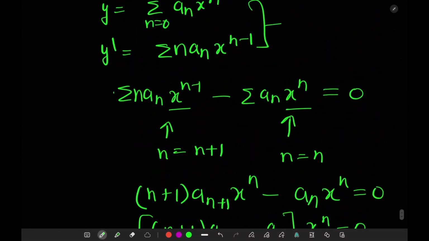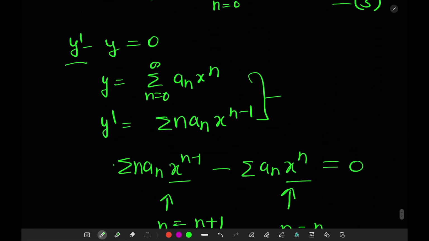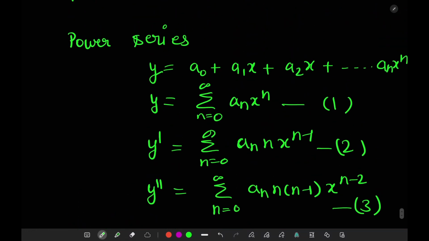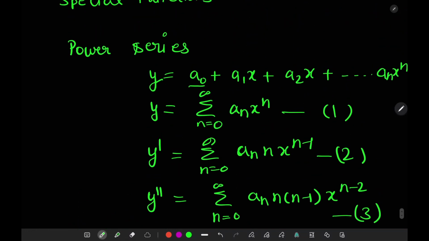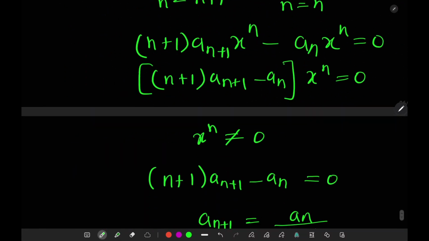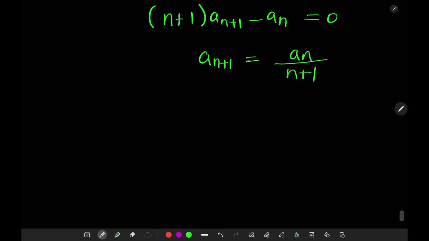For getting the solution, we need the values of a naught, a1, a2 up to an. So put n equal to 0, we get a1 is equal to a0, this term.